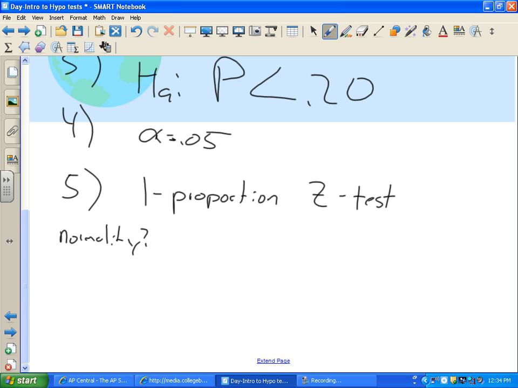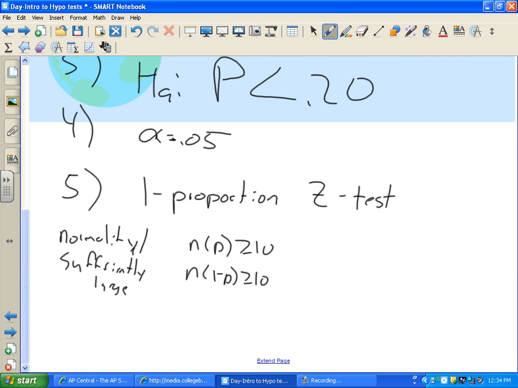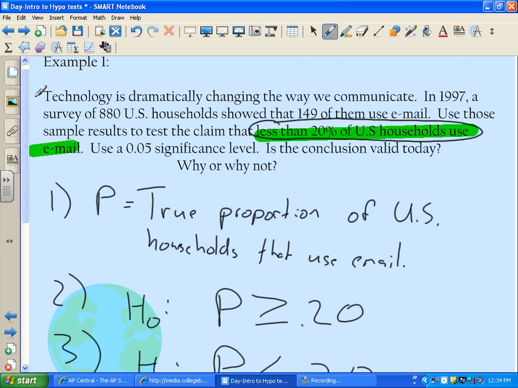In this case, it's a proportion, so that needs to be n times p greater than or equal to 10, and n times 1 minus p greater than or equal to 10. So I'll say normality slash sufficiently large. And I think we're plenty large, by the way.